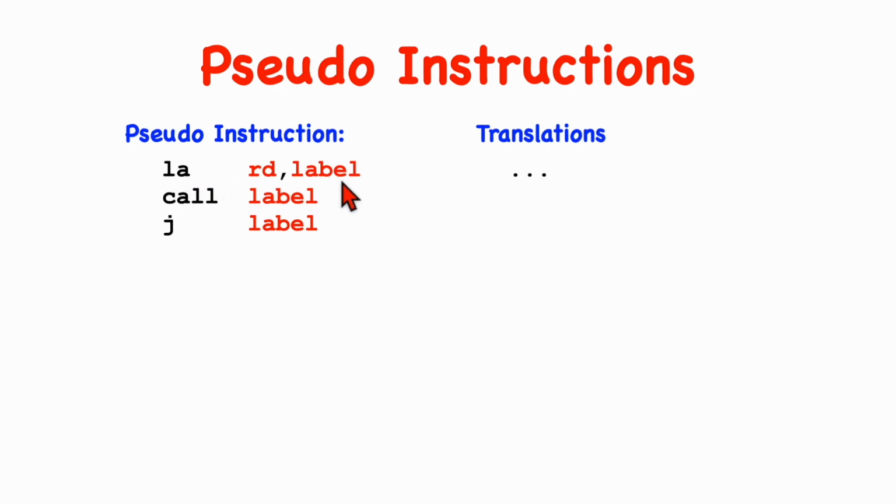Now, typically with these instructions, we just have a simple label, and that label would be on some instruction or some data definition somewhere. But in fact, we could have more complex expressions. I'm not showing the translations because the actual translations could vary. Sometimes there would be one or sometimes several instructions, and that would depend on the actual value appearing in the instruction. Sometimes the assembler may use PC relative addressing and sometimes not, even within the same program.